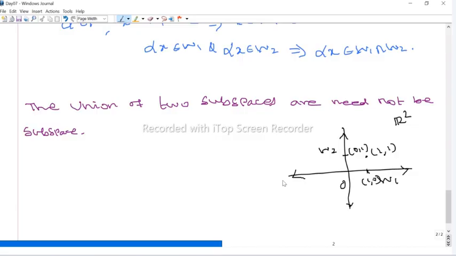The union of two subspaces is a subspace if and only if one subspace is contained in the other.